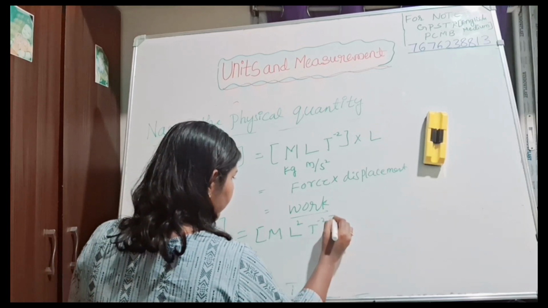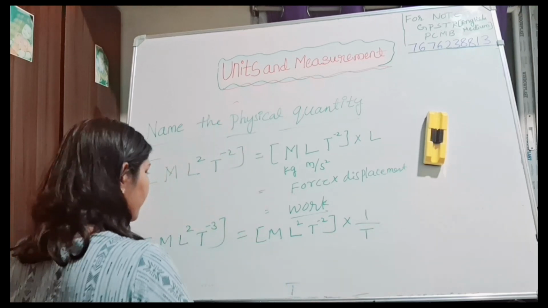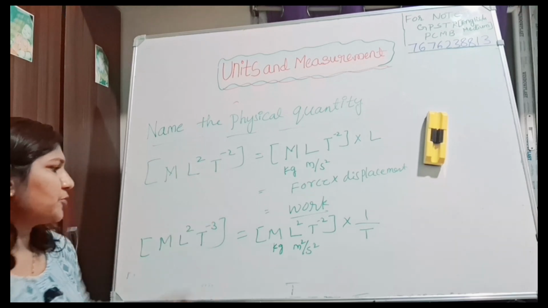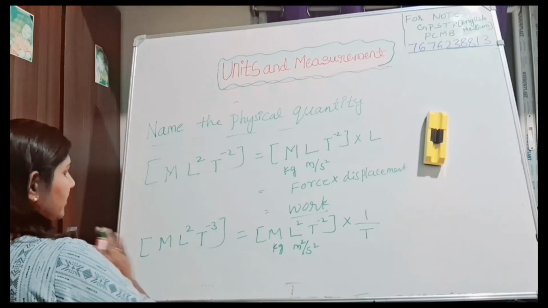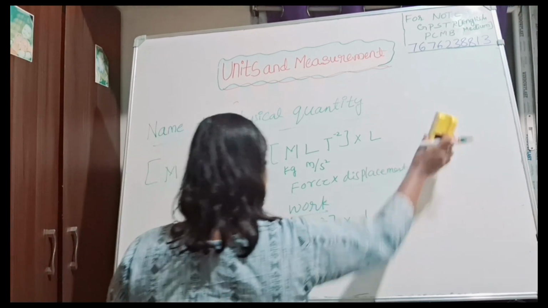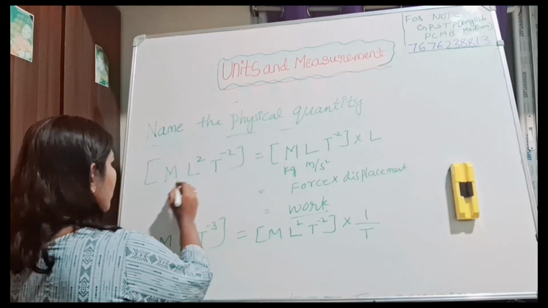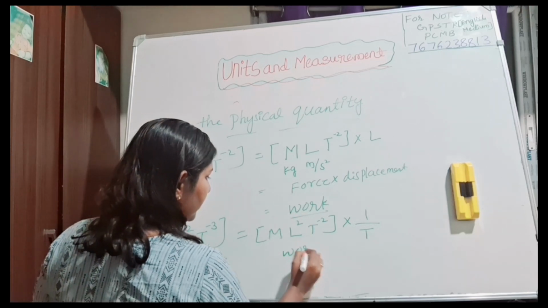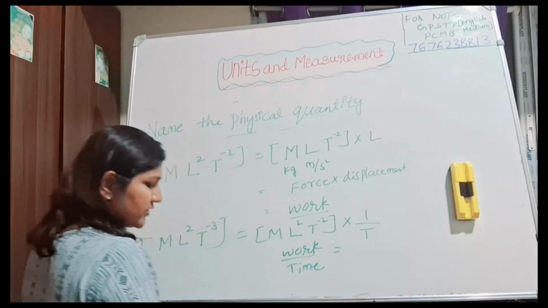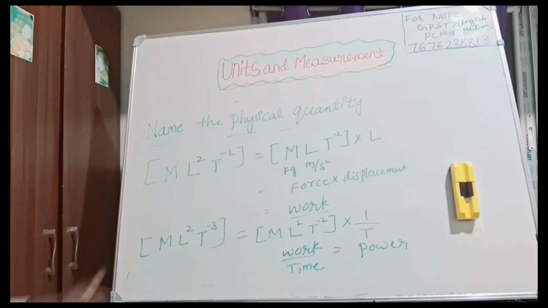I will write T square, and I will write 1 by T. So here M L square T to the power minus 2, that is work, and again it is divided by time. Work by time, what is the physical quantity? It is power. You should not split this one, you should remember this.